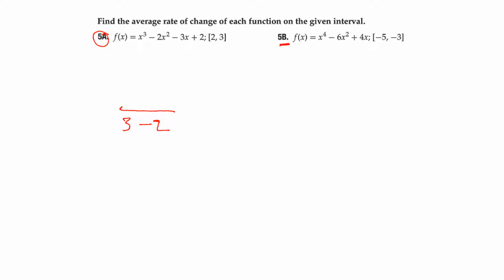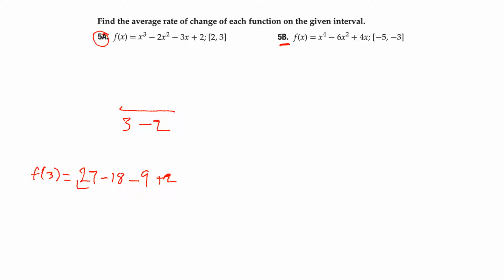Then I need to find f of 3 and f of 2. So f of 3 is going to be 3 cubed is 27 minus 3 squared is 9, 18 for the times 2, minus 3 times 3 is 9 plus 2.